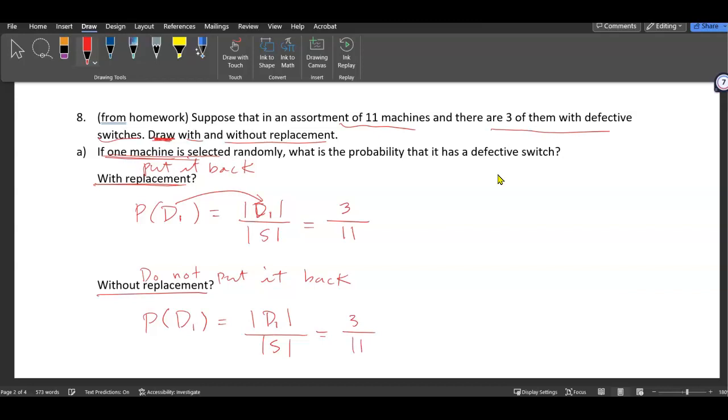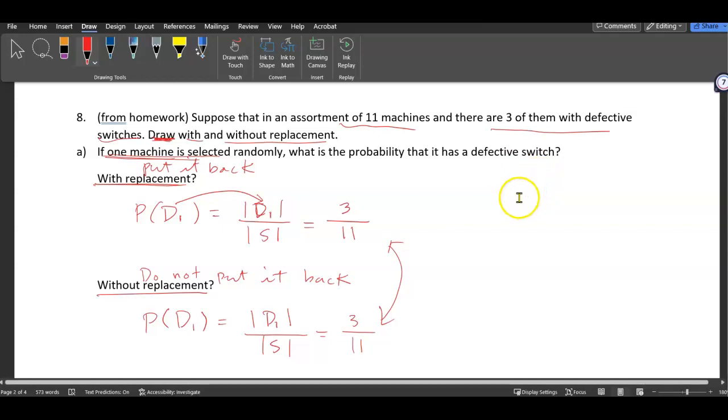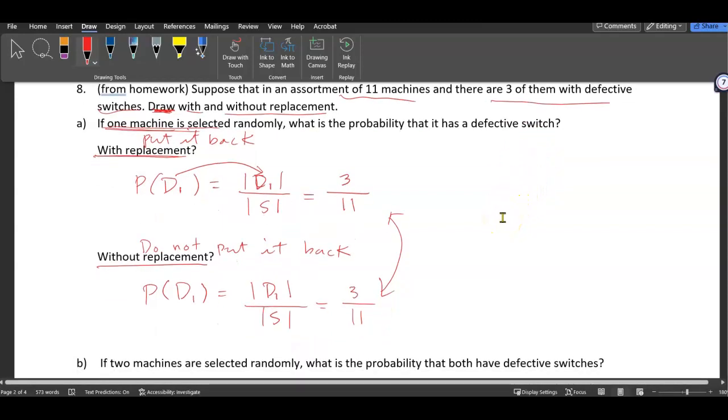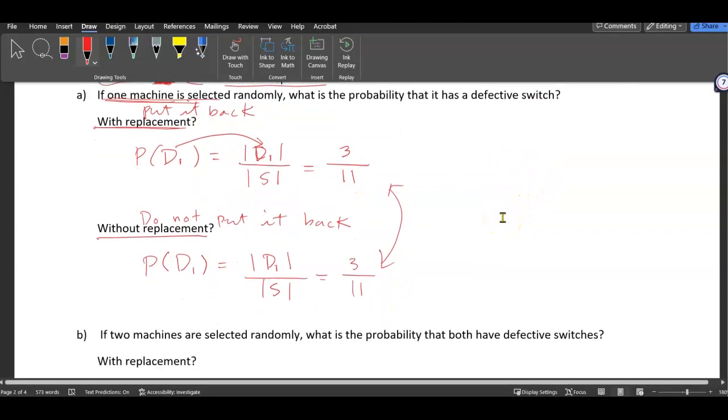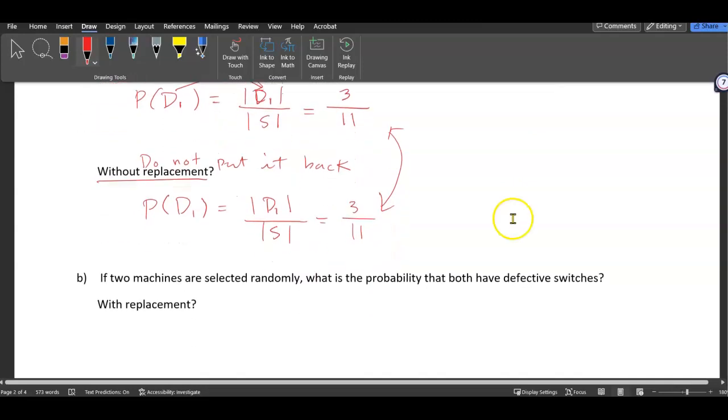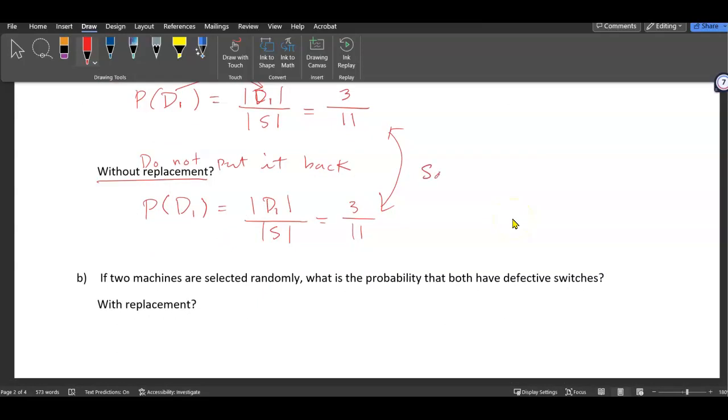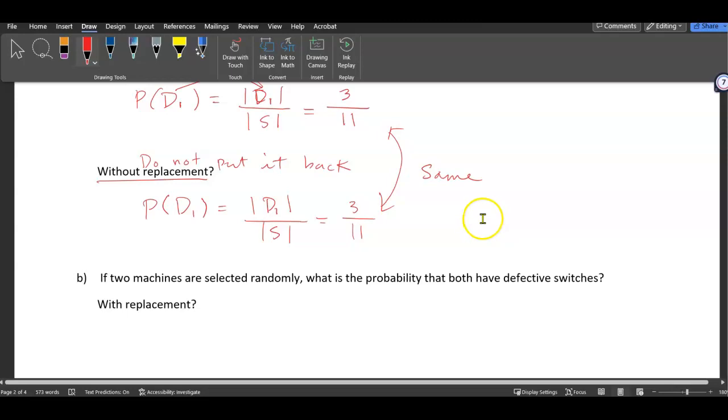So the answer to both with and without replacement, if it's a simple event, is the same. It doesn't change because I'm not doing it again. It's not too complicated.